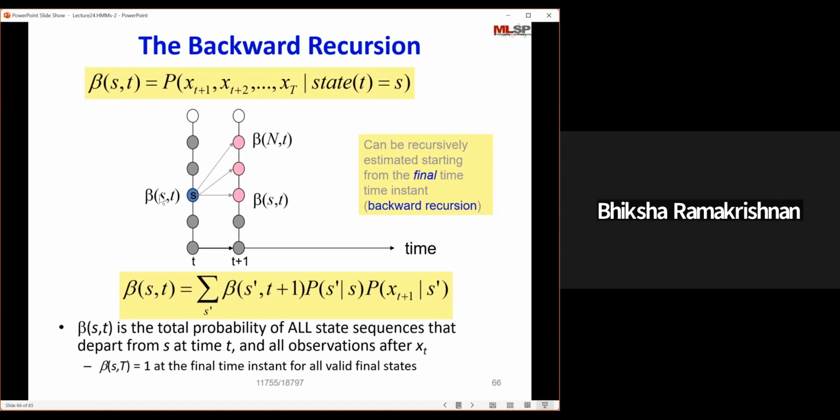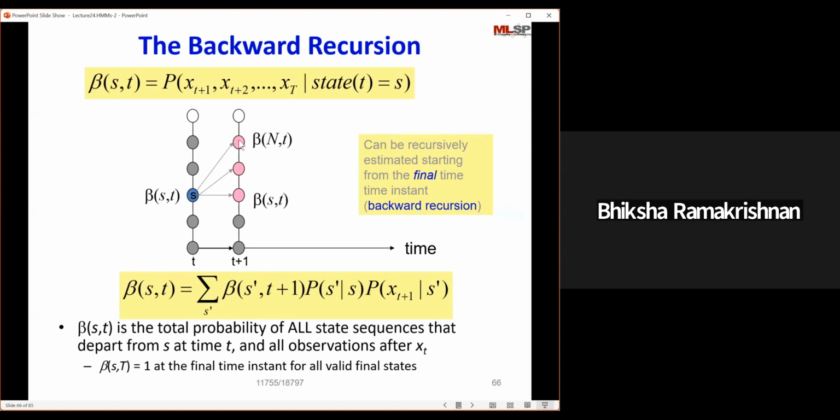Because remember, the betas are actually not considering the node itself. So the probability of transitioning to the child times the probability of the child itself, which is the probability of generating the t+1th observation from the child, times the probability of the entire subgraph that follows that child, which is simply going to be the beta at that node.